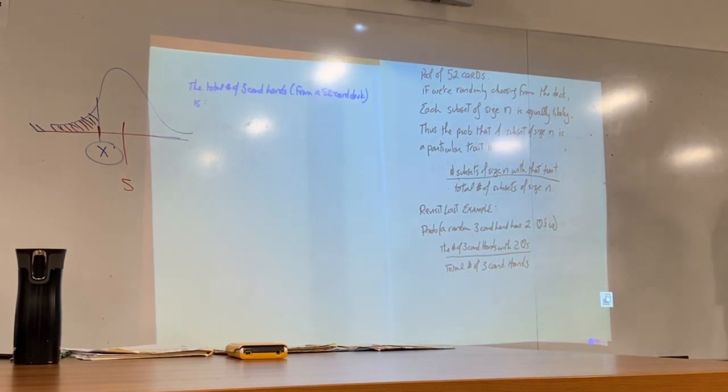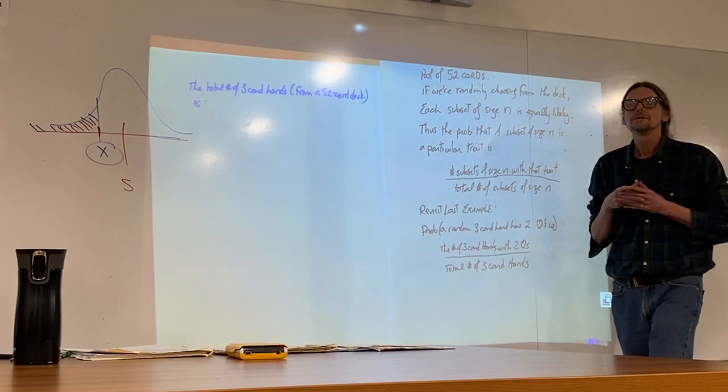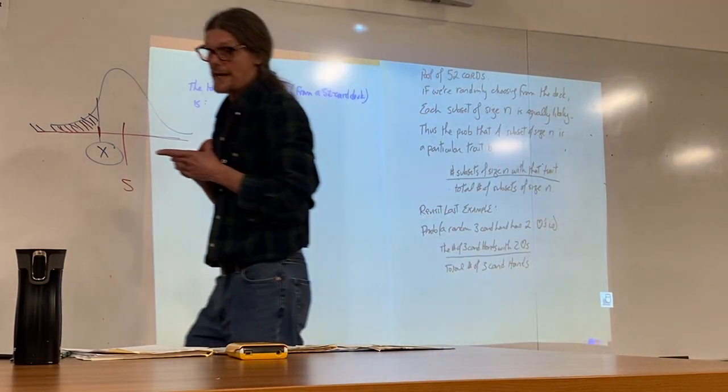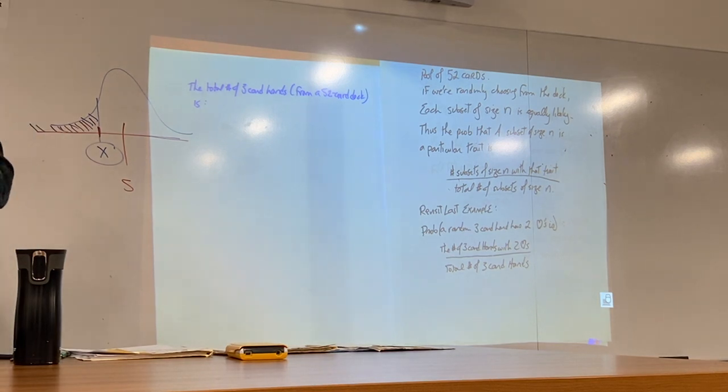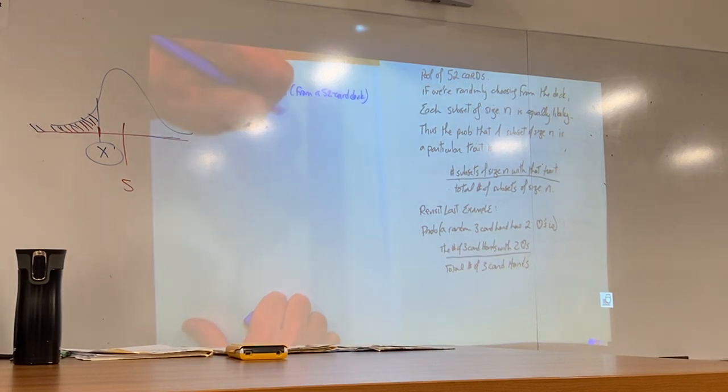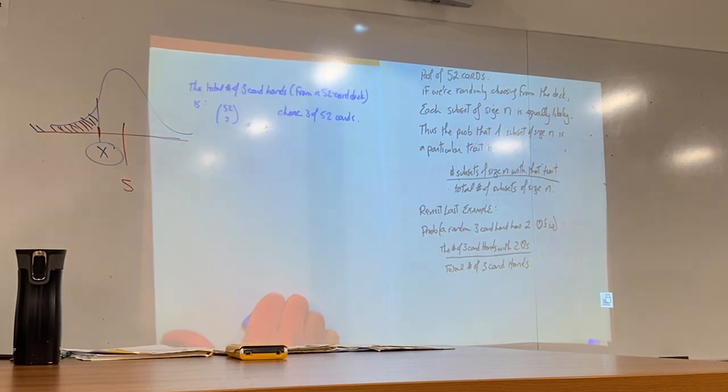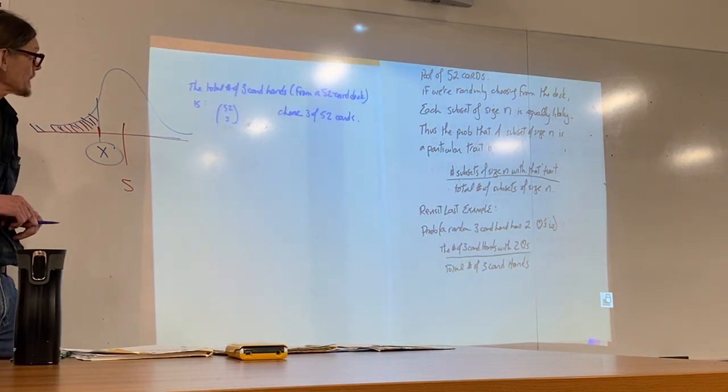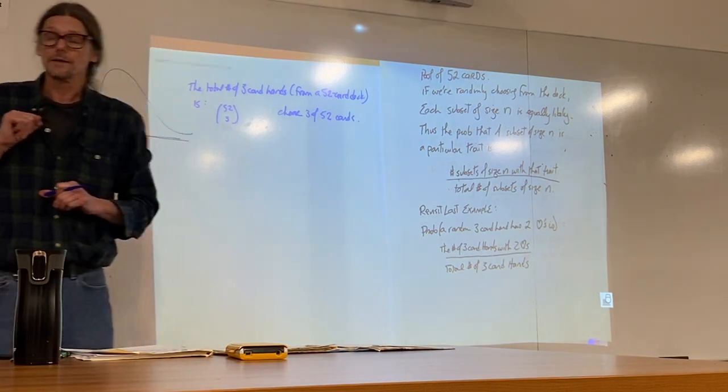But if order doesn't matter, how many are there? 52 choose 3. Yeah, exactly right. It's 52 choose 3, choose 3 of the 52 cards.